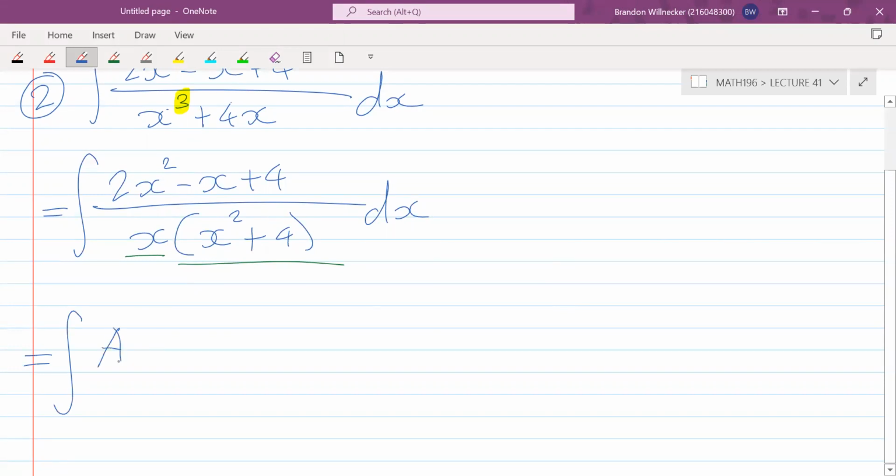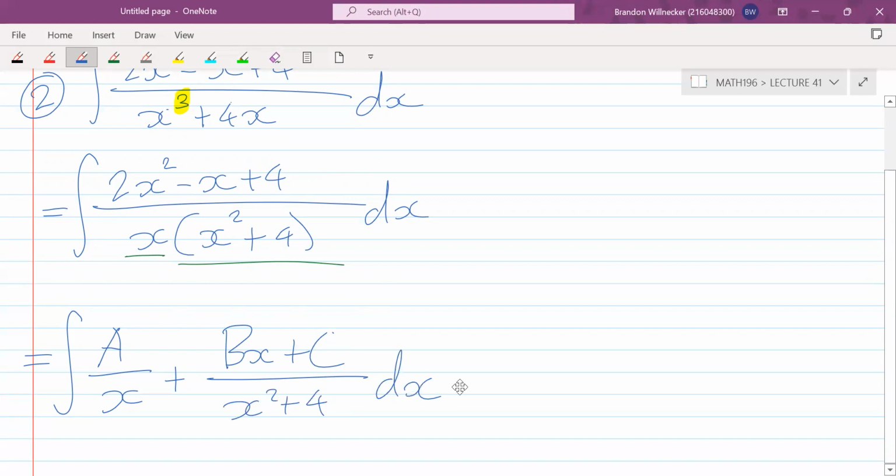So we're going to have A over x plus, now since it's quadratic, the numerator is going to be linear instead of just a constant. So it's not going to just be B over x squared plus 4. It's going to be Bx plus C. We need a linear term at the top, over x squared plus 4.